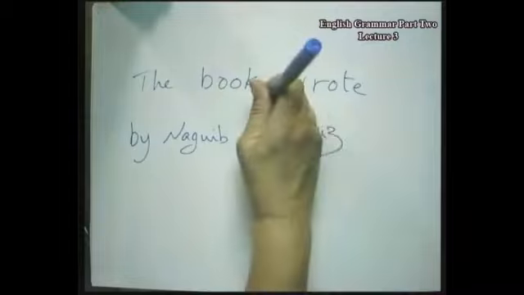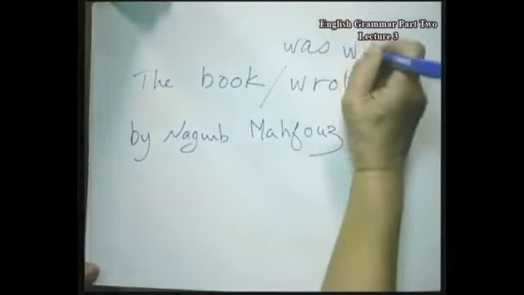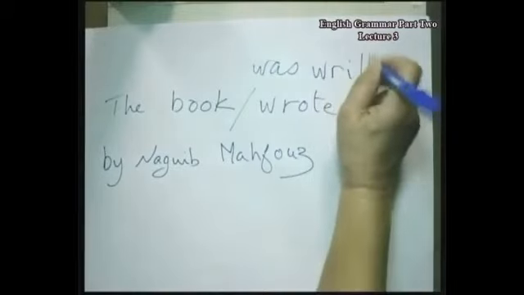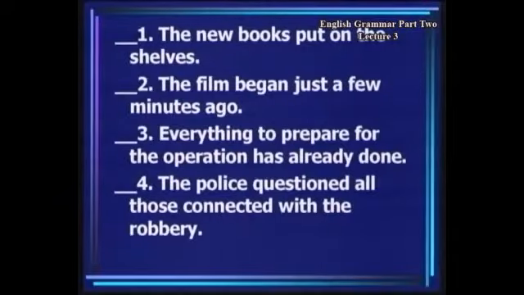So it must be: the book was written by Naguib Mahfouz. Alright? So you should always think about the meaning of the passive and the active. So the film began just a few minutes ago. This is correct. Let's look at number 3.